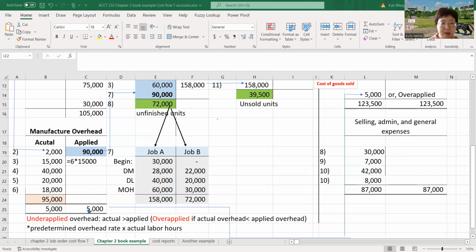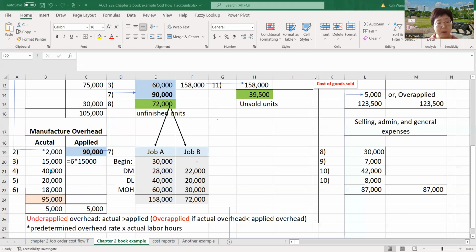So after you clear out the balance, the manufacturing overhead will have zero balance. So I put a double line, which means cleared out. So it's a clearing account. We close this manufacturing overhead for this reporting period, and then for the next month or next period, we start this process again.